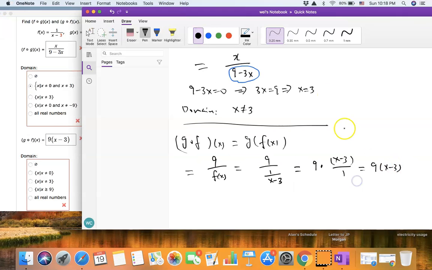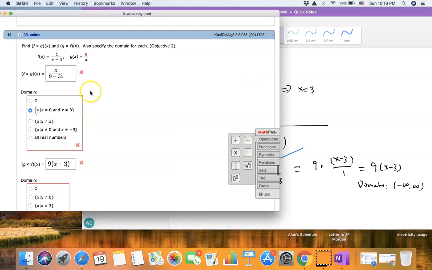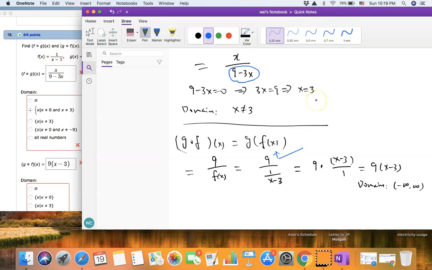Okay. And since this is a polynomial function, the domain is every number. And then let's consider the domain of the inner function. The inner function is f of x, and f of x is 1 over x minus 3.